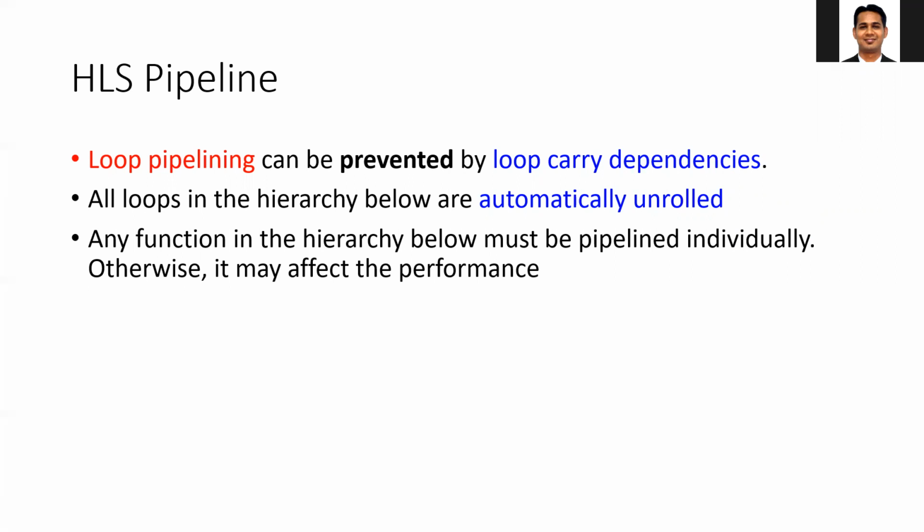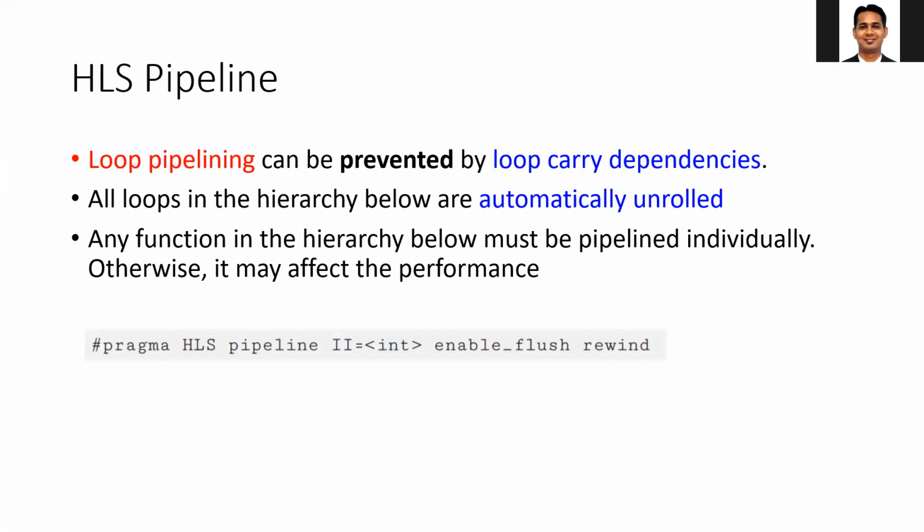So you need to add the pipeline pragmas in that sub function, and then you add the pipeline pragmas in the top function. Okay, if you don't add the pipeline pragmas in the below function, that sub function will not be pipelined, and it may affect your performance. You may not get the desired performance.